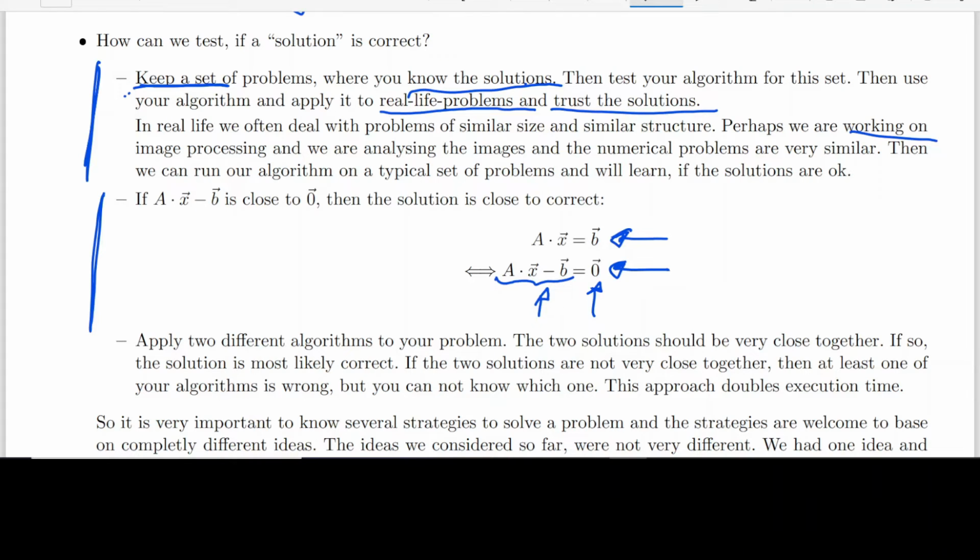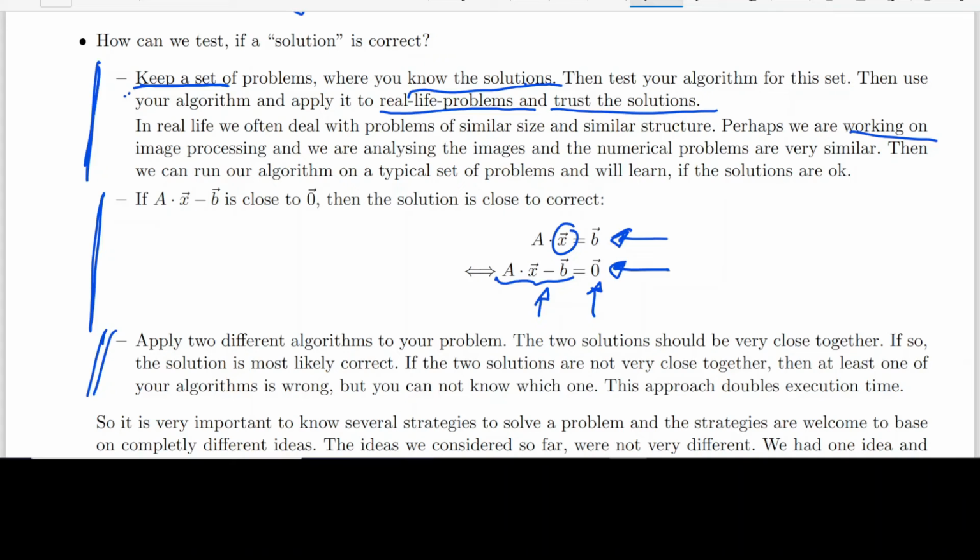And now the third idea is, let's use two maybe completely different algorithms, and then let's calculate the solution of a linear system. And if the two solutions are very close together, again we have the question, what is very close together?